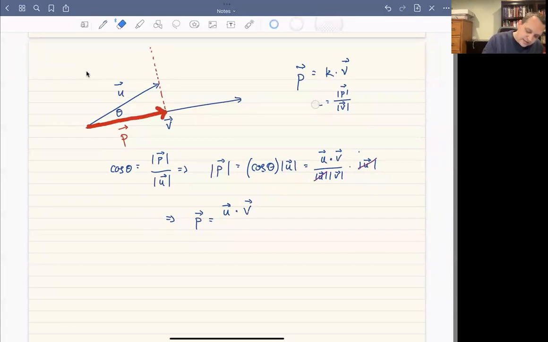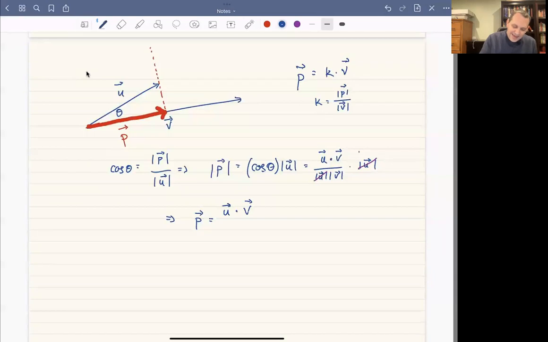If that's the case, then K is just going to be positive, because if I take a vector and multiply by 2, that's just going to stretch the vector in the same direction. But if I take a vector and multiply by -2, that's going to flip it and then stretch it by a factor of 2. So here, let's just assume P and V are in the same direction, so K is positive. If K is negative, you do basically the same thing and everything works out.